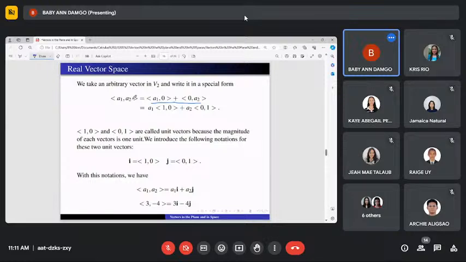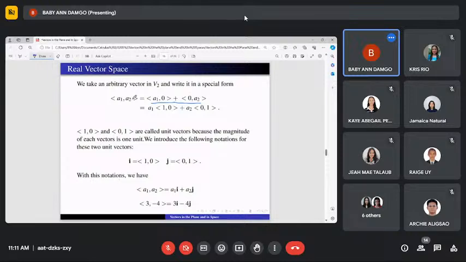So for the notation, we can write A as the vector A sub 1, A sub 2, which we substitute: we have 1, 0, which is I, plus A sub 2 times the 0, 1 vector, which is J.